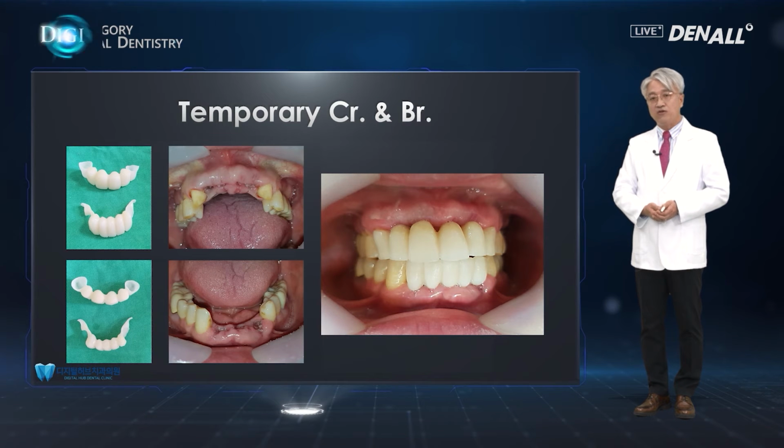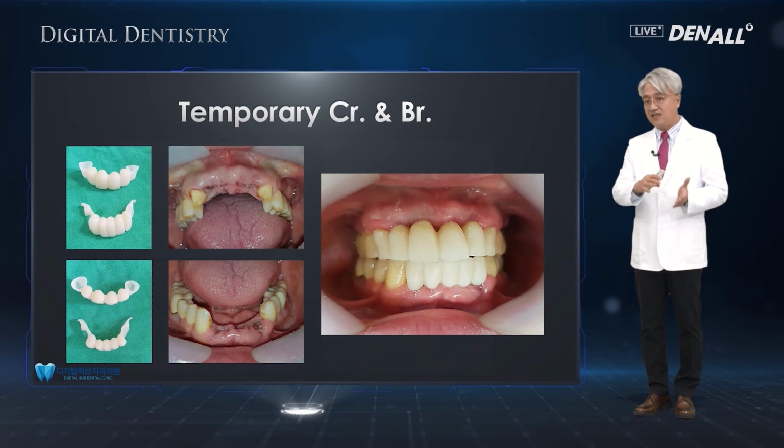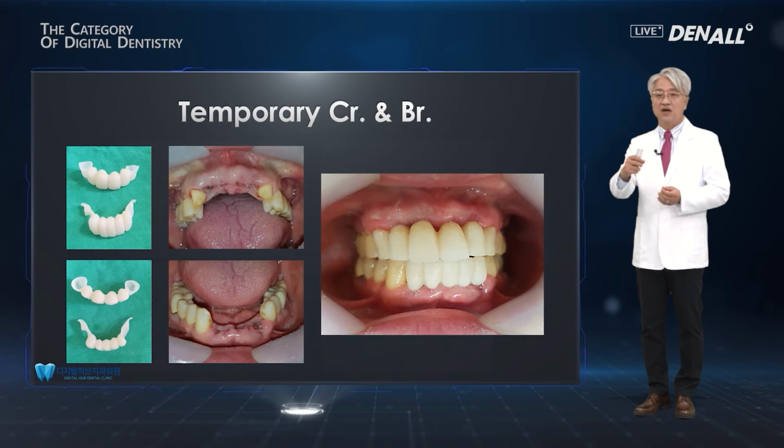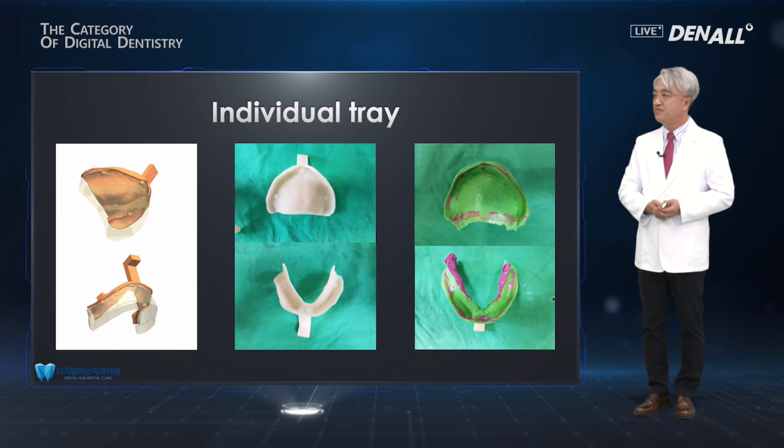For a long bridge, if you create it beforehand, it can reduce chair time for a patient. With CAD/CAM, the healing mechanism and gum shape can be considered in your design. Compared to making it by hand, or where your staff does it, the temporary made this way is higher quality.